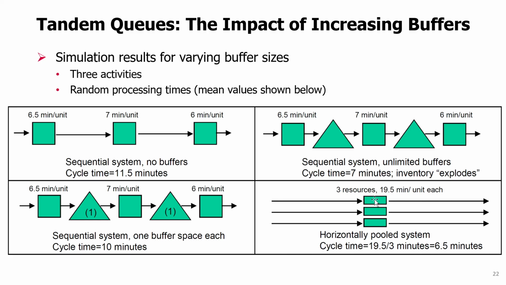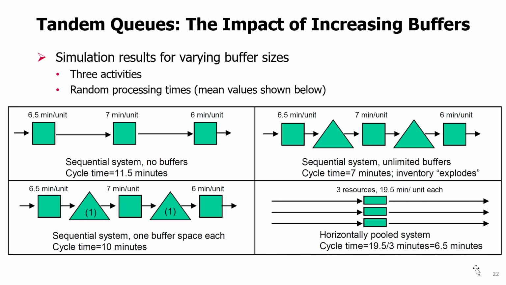And in this case, even if there is randomness, it doesn't really matter. Each server on average processes 1 unit every 19.5 minutes. And so that on average means 1 unit is produced every 6.5 minutes, or 3 units are produced every 19.5 minutes. So in this case, we would get the fastest production, right? So the capacity would be the largest.